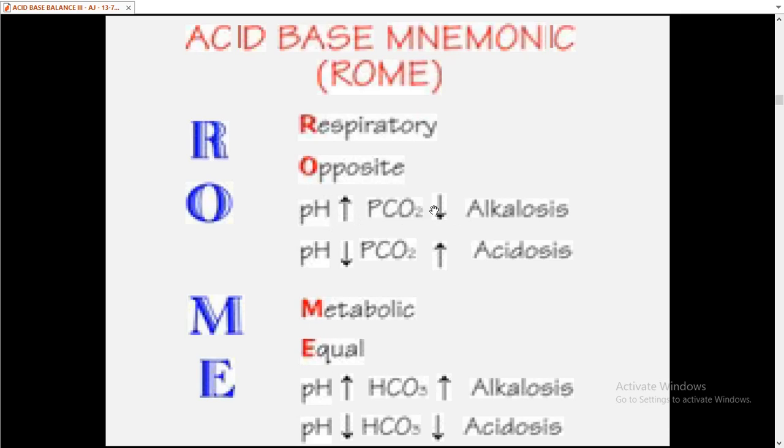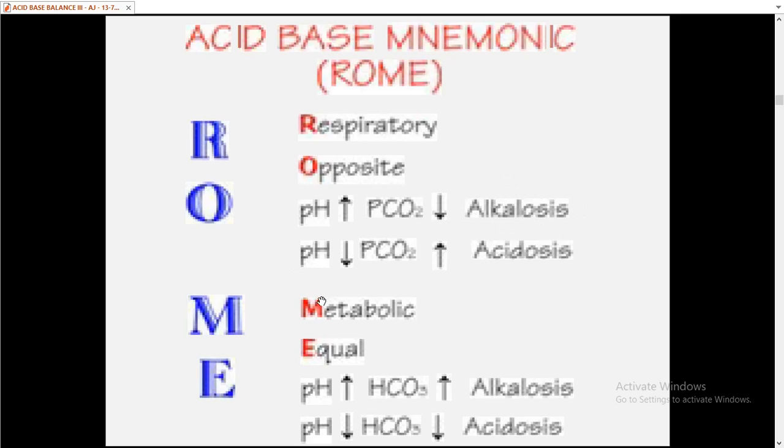If one is increasing, the other is decreasing. If pH is decreasing and PCO2 is increasing, then respiratory acidosis, and if pH is increasing and PCO2 is decreasing, then we call it respiratory alkalosis.